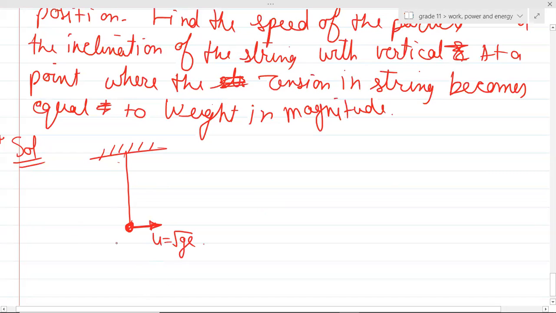You need to find that angle and the velocity at the instant when the tension in the string is equal to the weight.